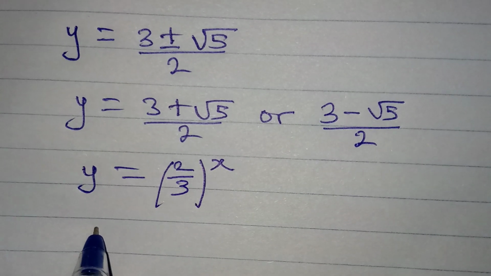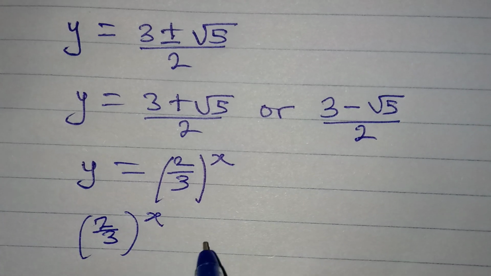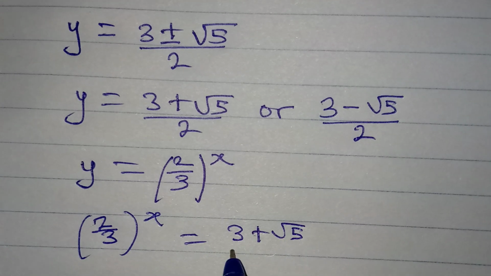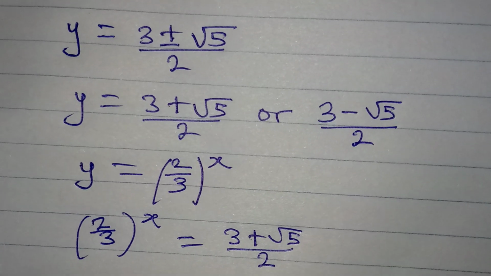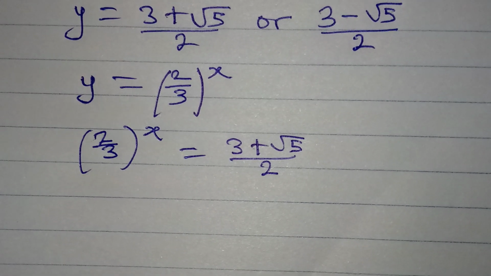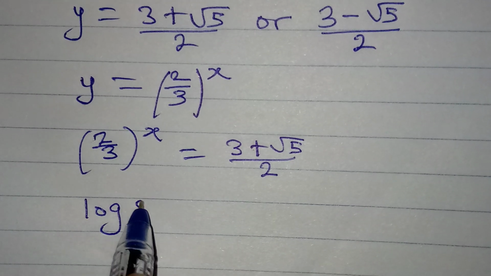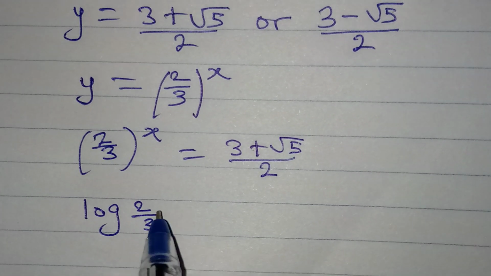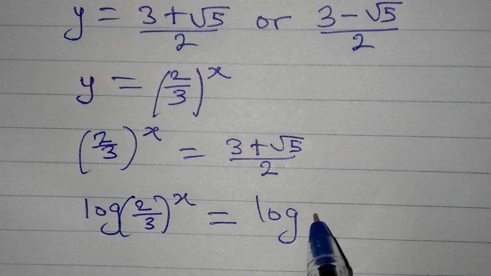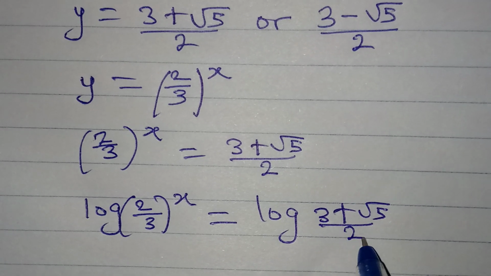This means that (2/3)^x is equal to (3 plus square root of 5)/2. Now this becomes difficult to deal with. We have to introduce natural logarithm. So we have log of (2/3)^x equal to log of (3 plus square root of 5)/2, right?